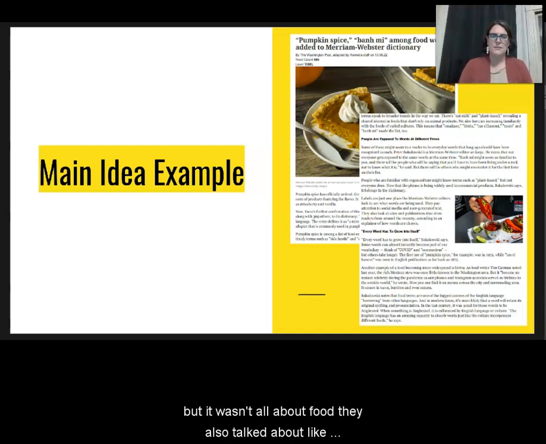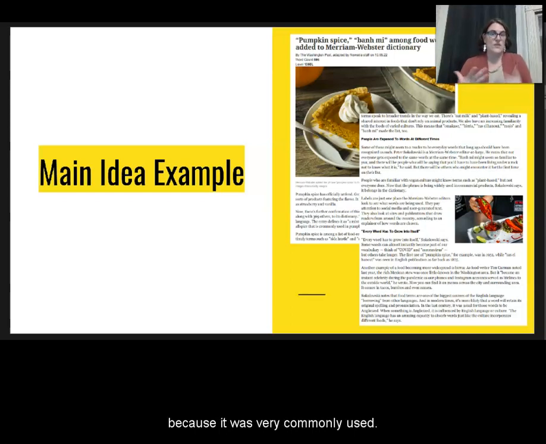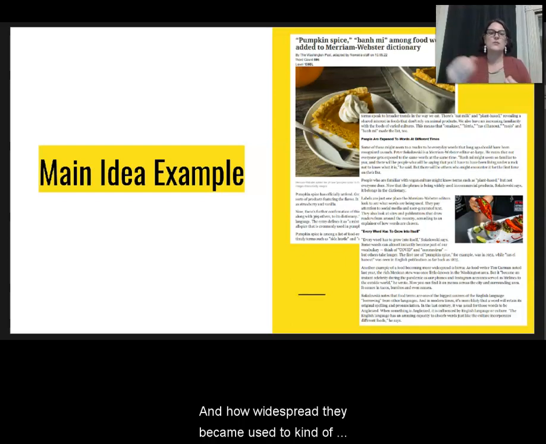They also talked about how quickly people got used to the word coronavirus because it was very commonly used. So it was more about how common words were and how widespread they became, to become part of the accepted English language and therefore into the dictionary.